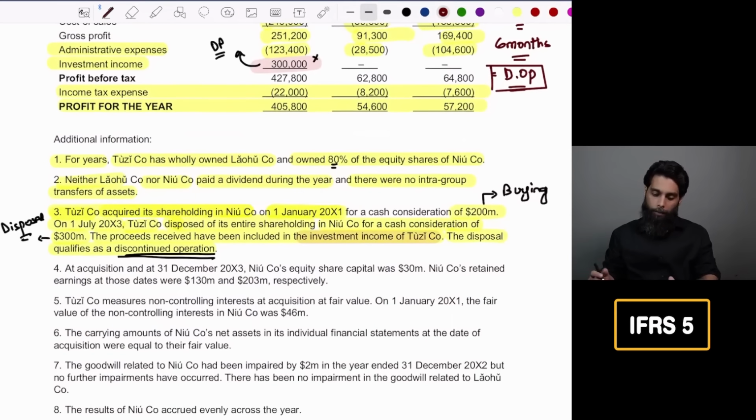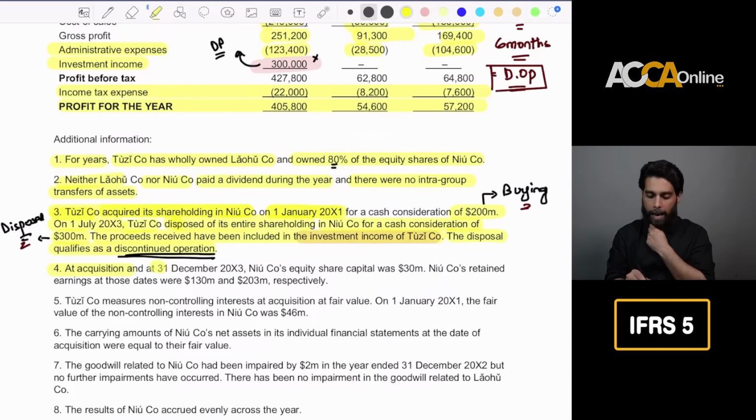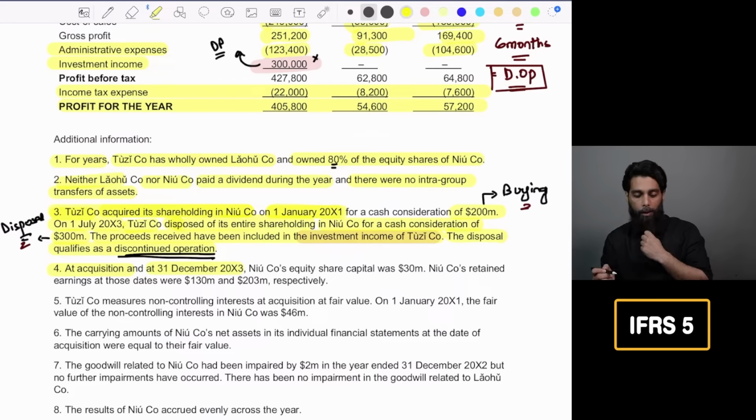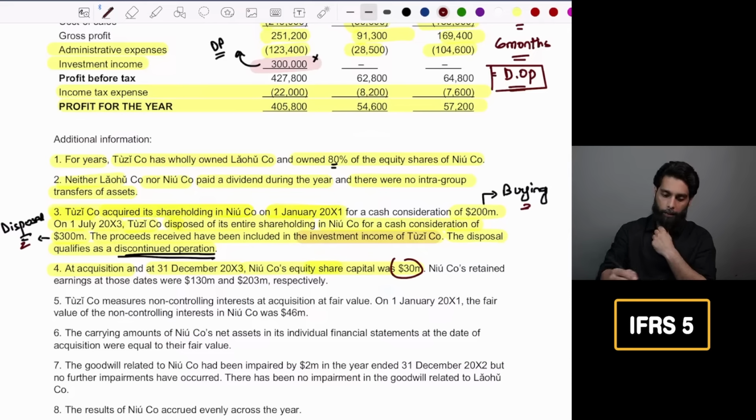So, all right. Two things we need to account for, one the buying and the other one is disposal. So examiner basically says at acquisition and at 31st December 20X3, Neo company's equity share capital was $30 million. So both at the acquisition date and at the year end, the share capital was 30 million.